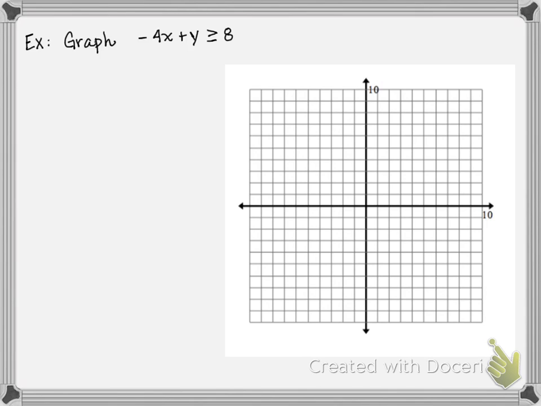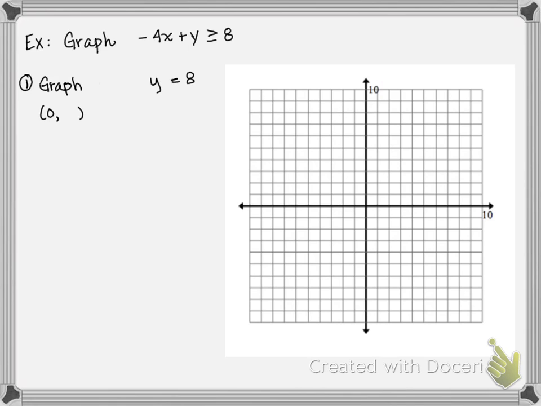Okay, so this one's in standard form. So probably most convenient just to use intercepts. So if I want to graph -4x plus y equals 8, if you put 0 in for x, then this term just goes away.